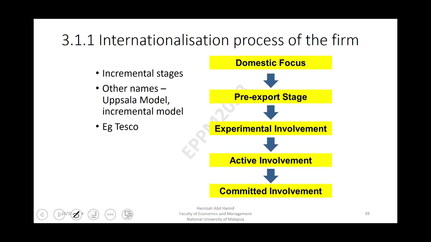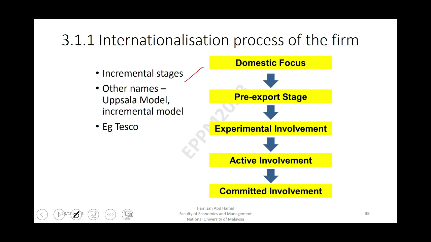One of the most important theories in international business is the internationalization process of the firm. We also call this incremental stage theory. According to this theory, firms internationalize in an incremental manner, stage by stage.